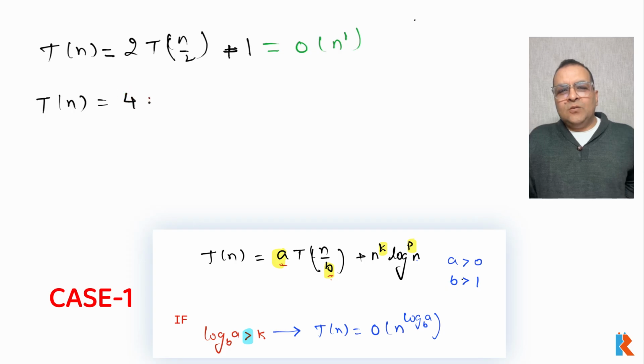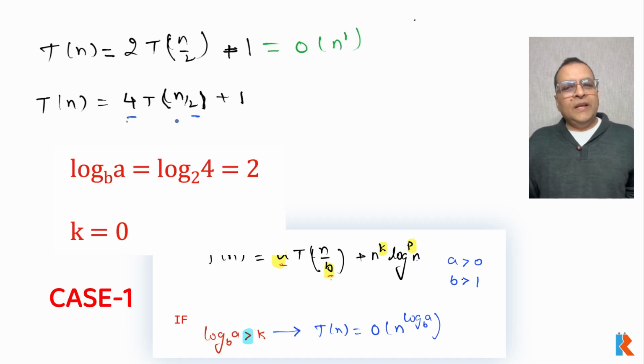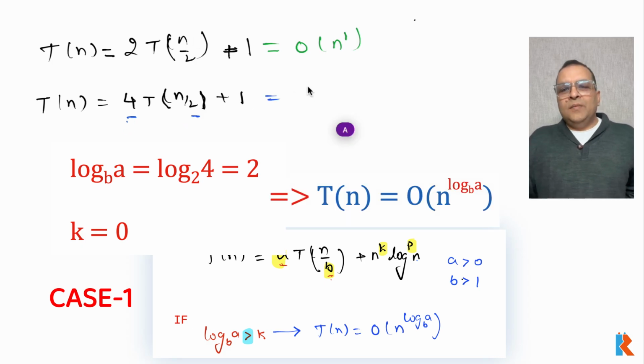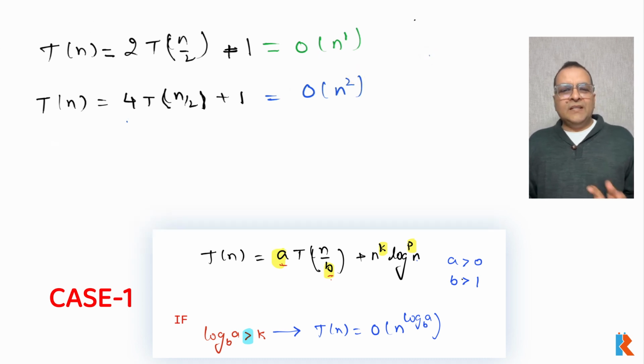T(n) is equal to 4T(n/2) plus 1. In this case, log a to the base b, which means log of 4 to the base 2, is 2 because 4 is 2 raised to power 2. So this is 2, 2 is greater than 0, which means that this will be big O of n raised to the power 2. So you can see that we are just ignoring the function f(n).